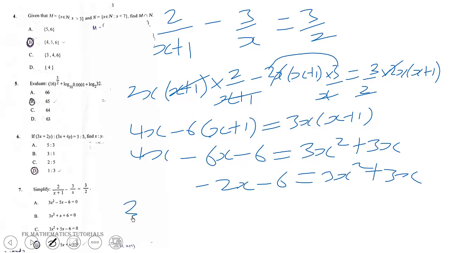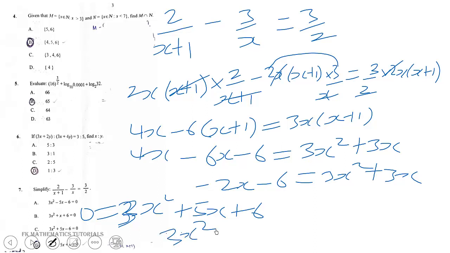So we are going to have 0 on the left hand side. So 3x squared plus 3x plus 2x, that will be plus 5x, plus 6. We have 3x squared plus 5x plus 6 equals 0.